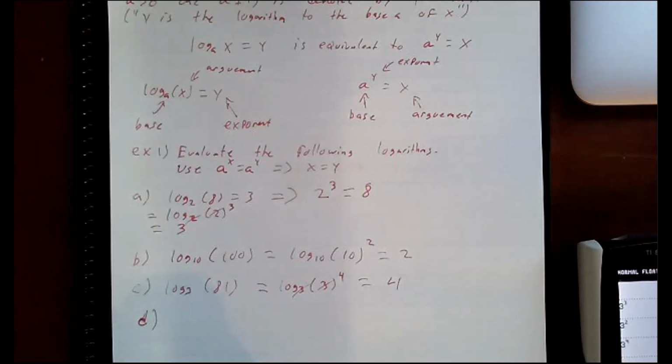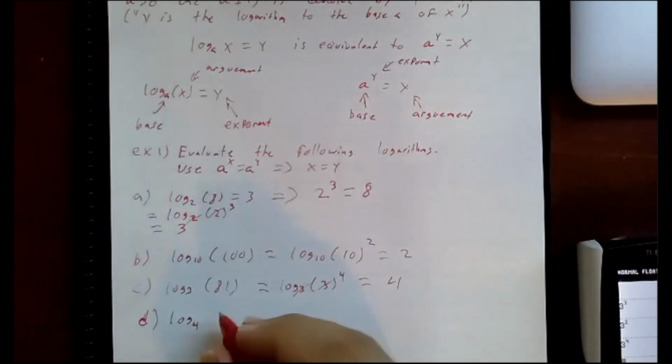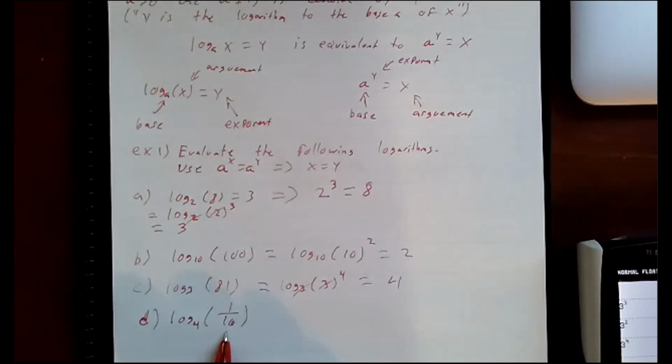Okay, this is something a little harder. Let's say they're fractions. Let's say it's log base 4 of 1/16, the 16th. So we know that this is technically 4 squared on the bottom, right?